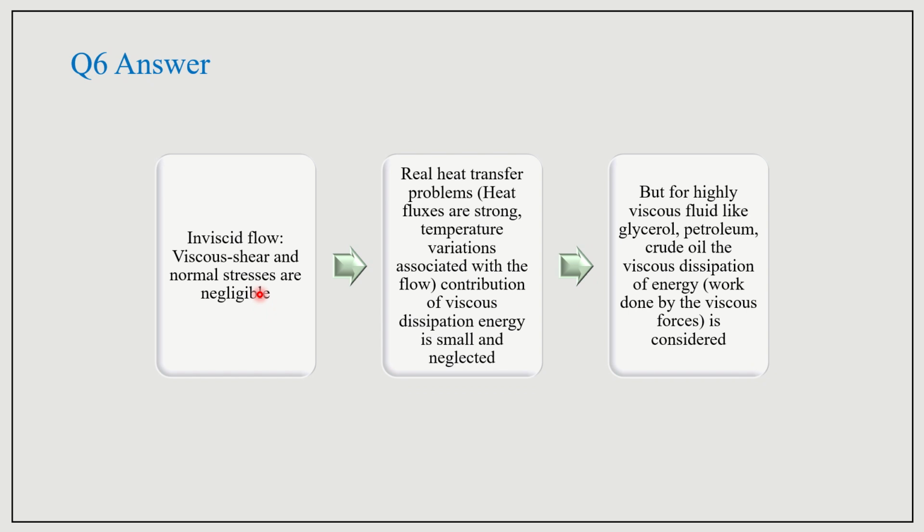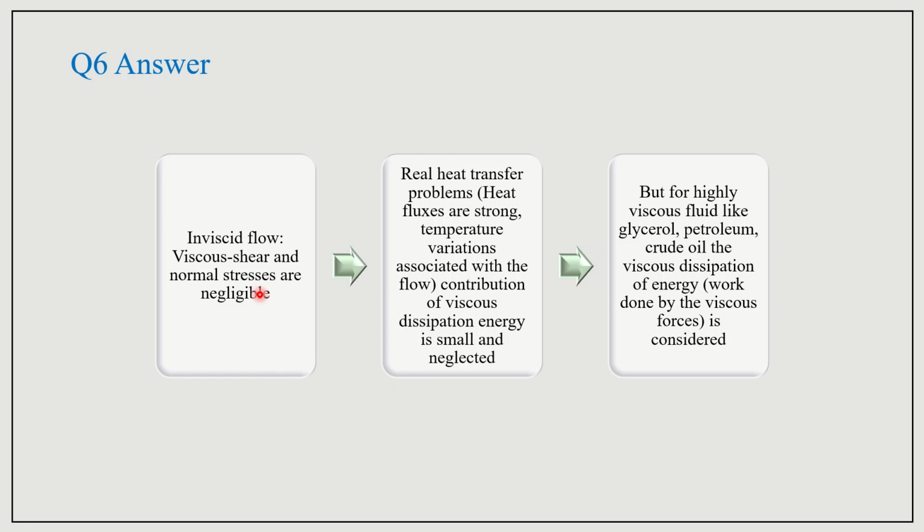But in certain cases we are neglecting its effects. One such case is the inviscid flows. In inviscid flows, the viscous shear and normal stresses are negligible, so we are also neglecting the viscous dissipation effects.